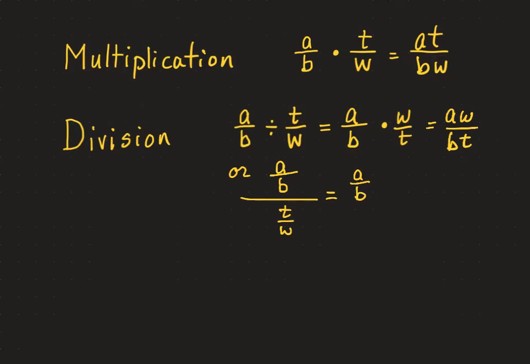We change this division bar to multiplication, and we take the reciprocal of the denominator. This is called a complex fraction, pretty good name for it, I think. But the result is the same, aw over bt, whether you write your division this way or this way.